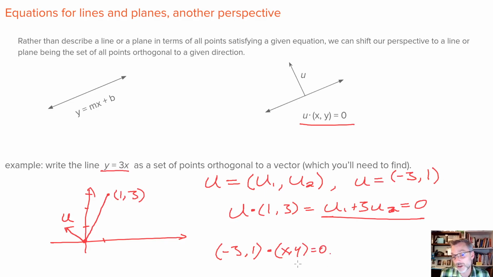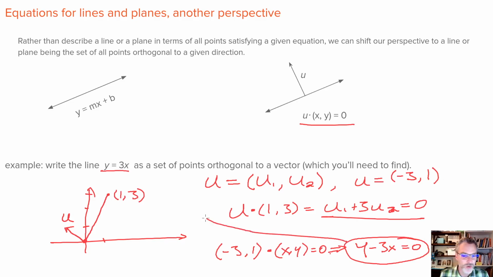And this is actually an equation for the line. We could rewrite it slightly, doing that dot product, and we would have y minus 3x equals 0. Okay? And not surprisingly, if we simplified it further, moved the 3x over to the other side, we arrive back at the slope y-intercept form.